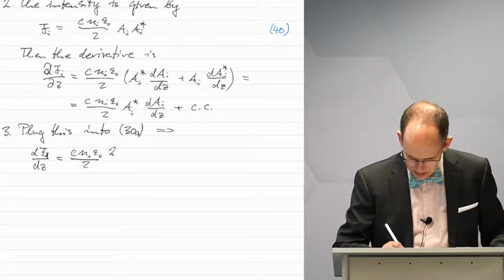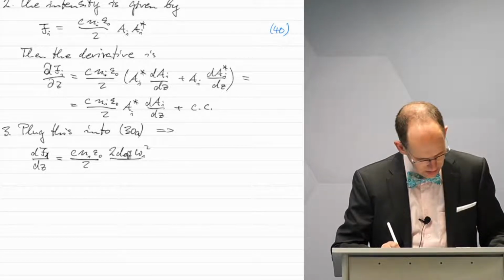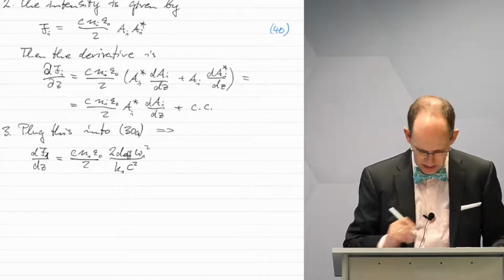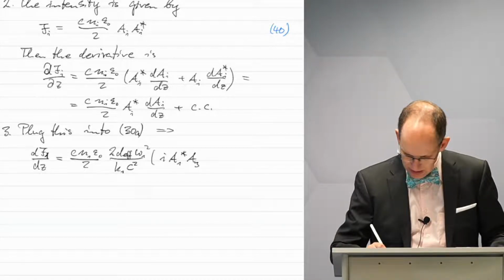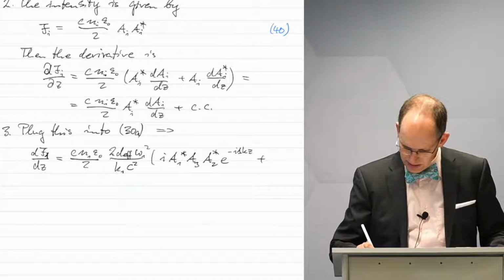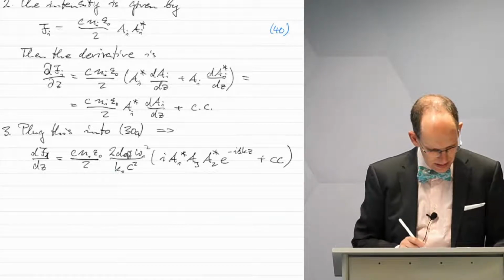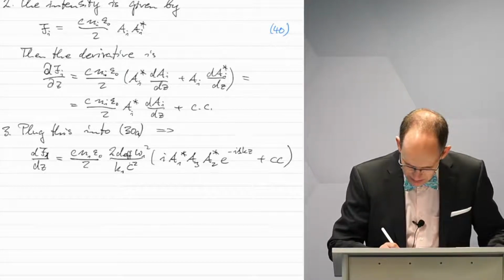Really boring. k1 times c squared, and then we have i times A1 star A3 and then A2 star e to the minus i delta k times z plus the complex conjugate. Yeah? And of course we can delete a few things.